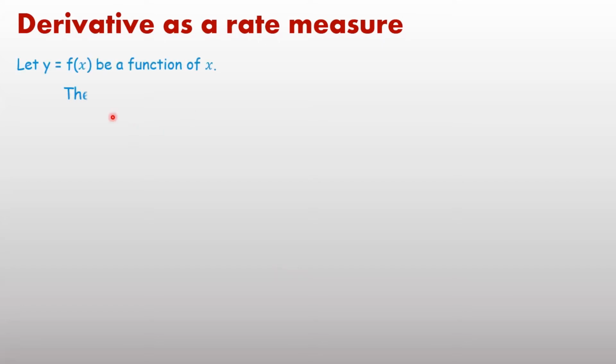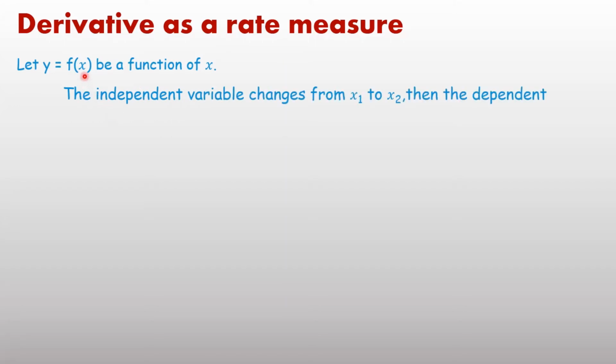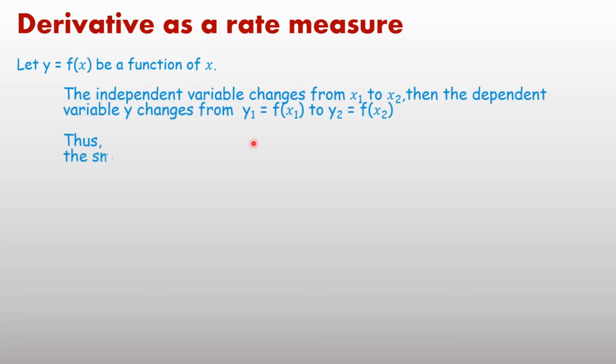If y is a function of x, then here x is the independent variable and y is the dependent variable. If the independent variable x changes from x1 to x2, then the value of y, the dependent variable, will also change from y1 to y2.